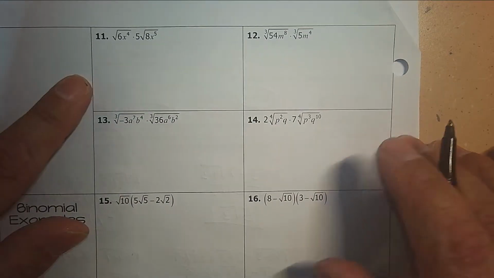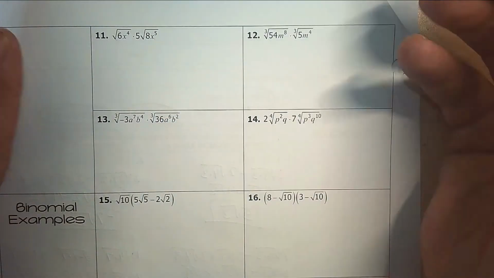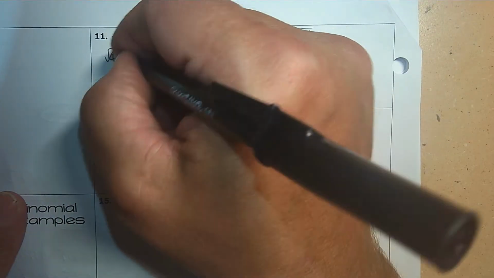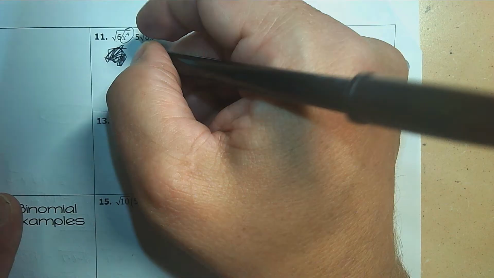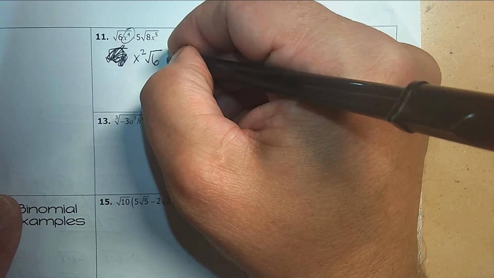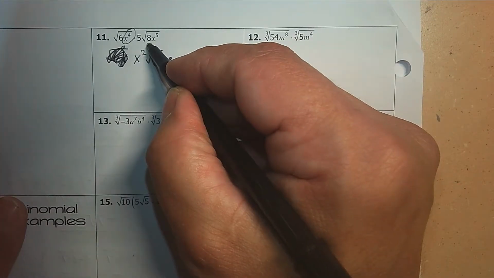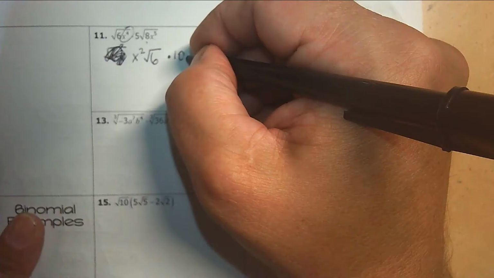All right, let's try these again. 6 and 8. What's a better way to write the square root of 8? So the square root of x to the fourth is x squared, and root 6 is left behind. The square root of 8 is 4 times 2, and the square root of 4 is 2, times 5 in front is 10.